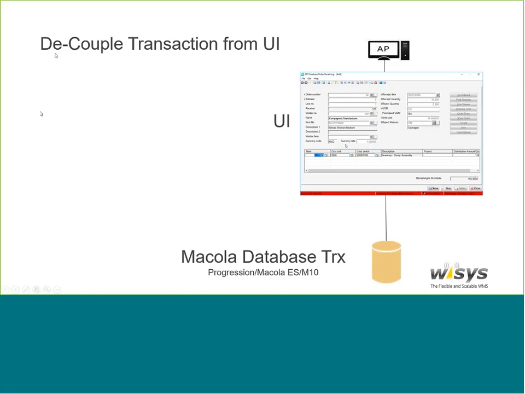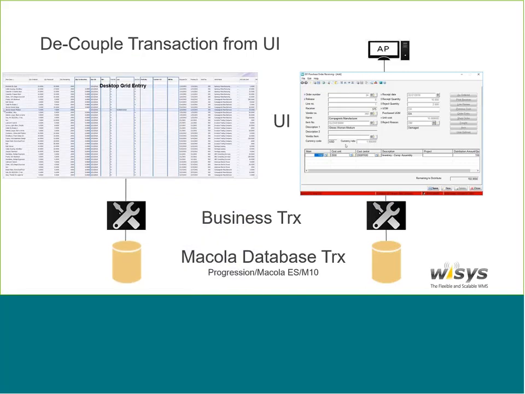So the first thing we need to think about is decoupling the transaction from the UI. So what if we could pull the transaction engine for a receiver out of the screen? And so the screen just became a UI, and then that UI then would call an encapsulated transaction. And if you did that, then what if you could call that transaction from anywhere?